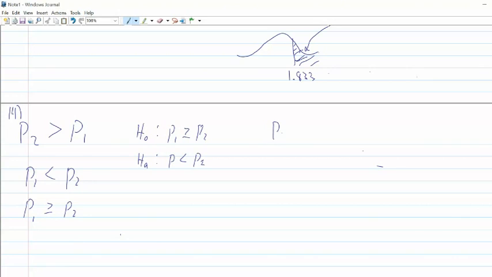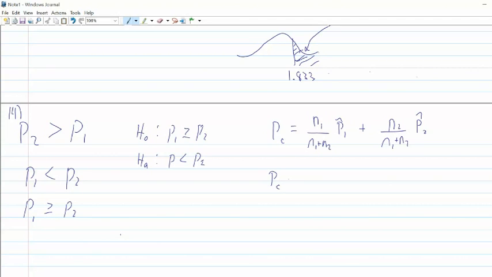Okay, and P sub C is equal to n sub 1 divided by n sub 1 plus n sub 2 times P sub 1 hat plus n sub 2 divided by n sub 1 plus n sub 2 times P sub 2 hat. So basically, plug in those numbers to get your weighted mean.